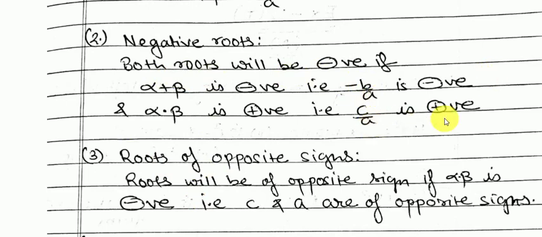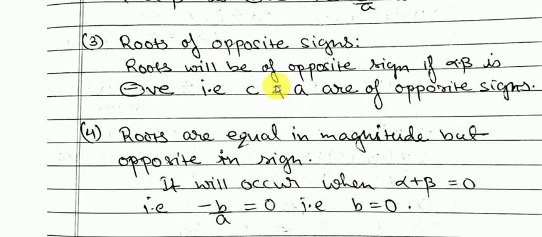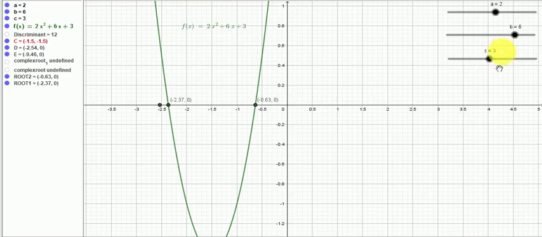Next, roots of opposite signs. We'll get roots of opposite signs when the product of those roots is negative. When alpha and beta have opposite signs, that means c and a have to be of opposite signs. So here my c is 3 and a is 2.